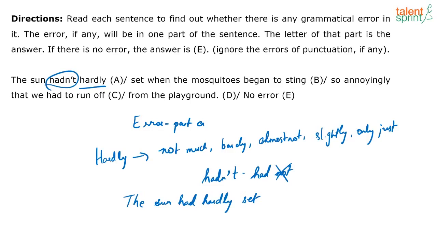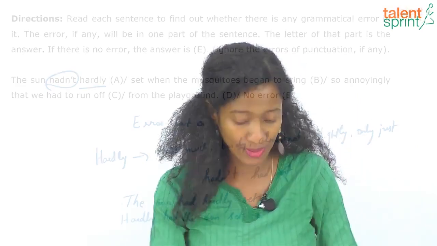If I have to rephrase this entire sentence, I'll say hardly had the sun set. There are cases where these negative adverbs like hardly and scarcely even come in the middle of the sentence, like this context, but nevertheless, hardly had the sun set when the mosquitoes began to sting. If I had to rephrase the context, that's how it will be.